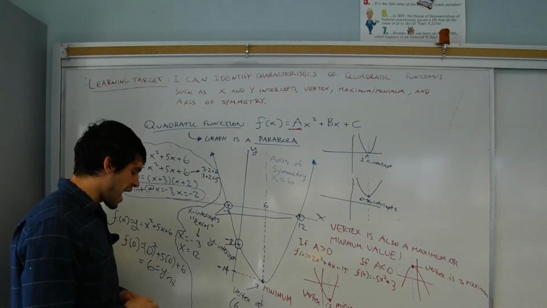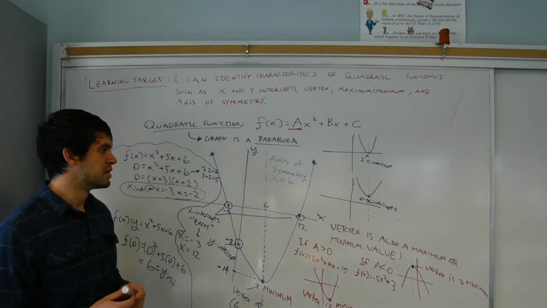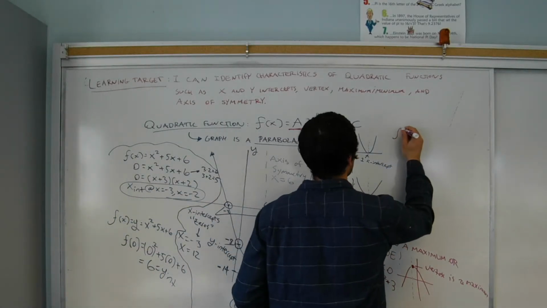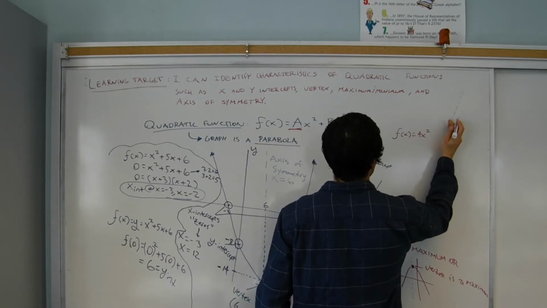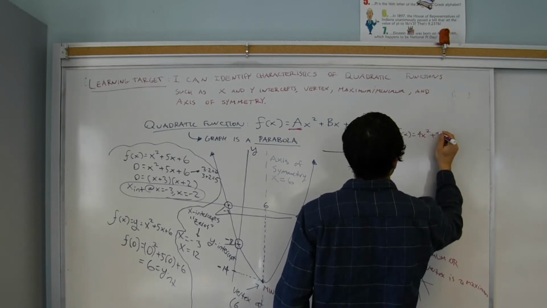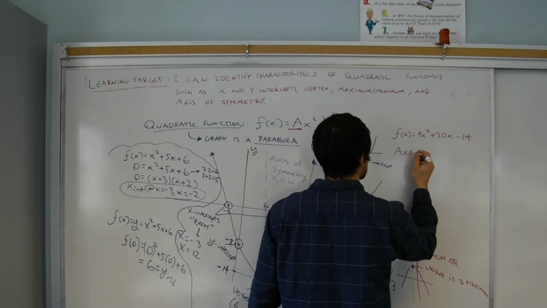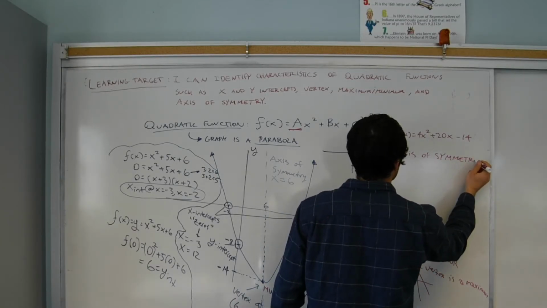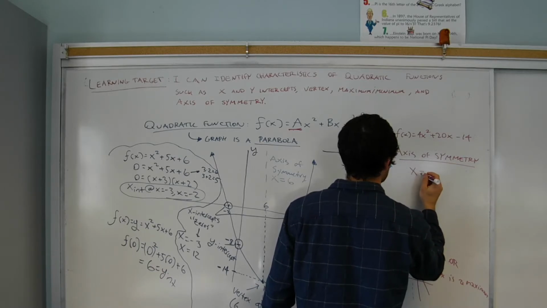So the axis of symmetry is actually fairly easy to calculate algebraically too. So we'll go over that right now just really quickly. If we have, say, f of x is equal to 4x squared plus 20x minus 14, the axis of symmetry is defined by the equation x is equal to negative b over 2a.